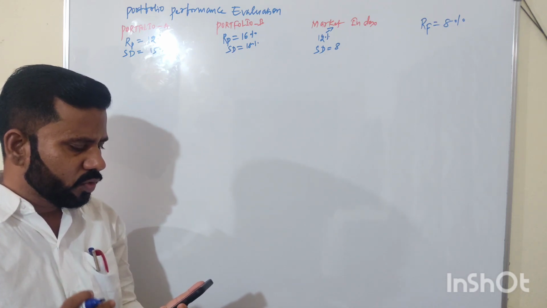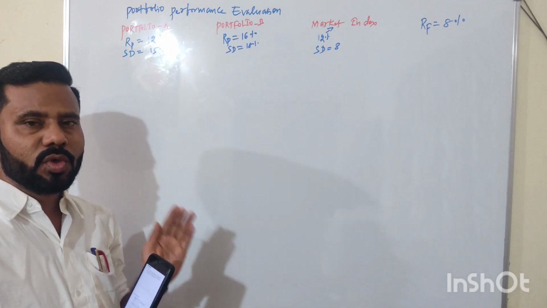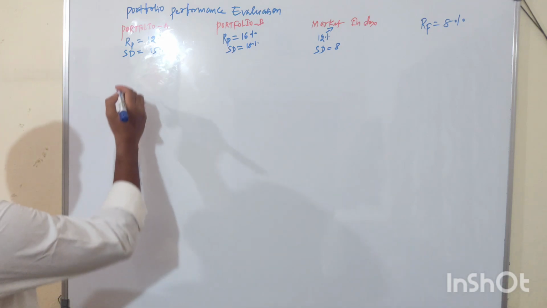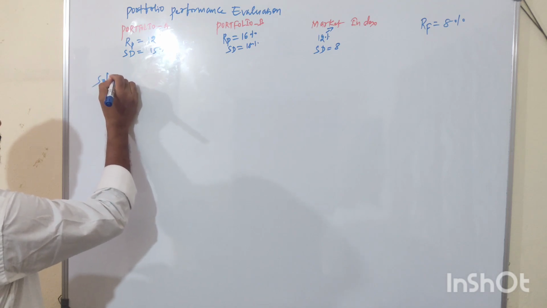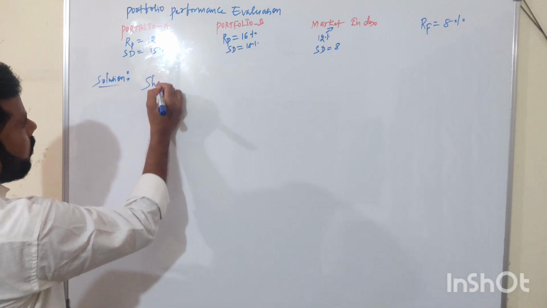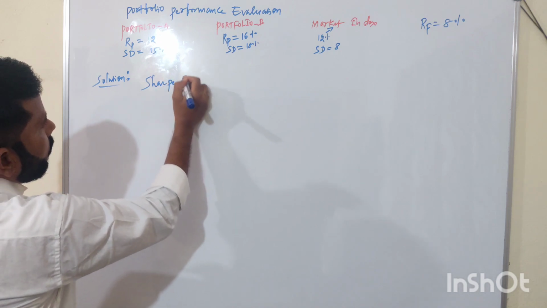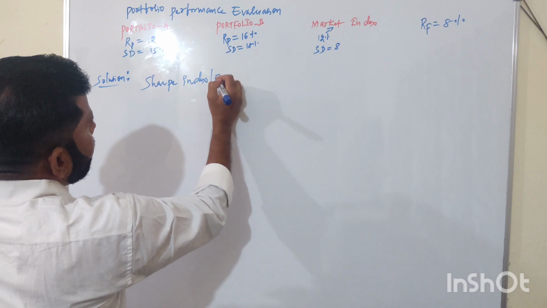Okay. So what actually we have to compute from this given information? We have to calculate the Sharpe index or ratio.